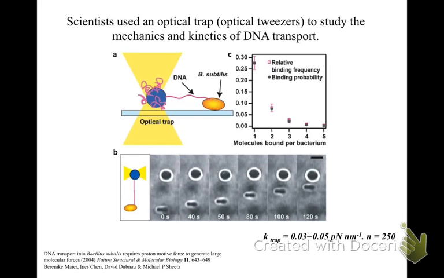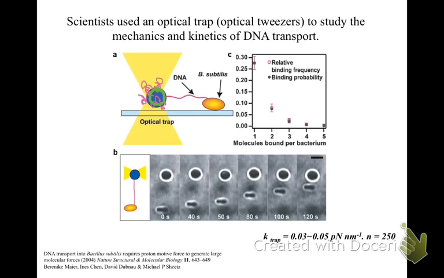This is a clever experiment that was done in Michael Sheetz's lab at Columbia, and it was used to actually determine what the force was that was required to get DNA into the cell. And they did it by doing kind of an experiment in reverse of what would naturally occur. In this case, they took DNA and they bound it in this picture to a ball, and then they mixed this in an optical trap system with Bacillus subtilis cells.